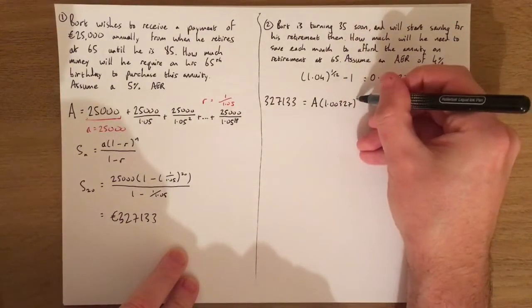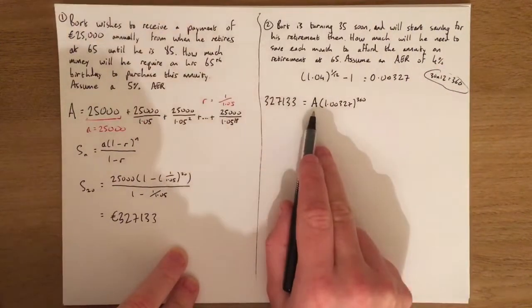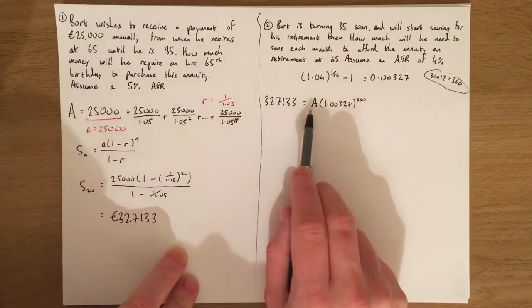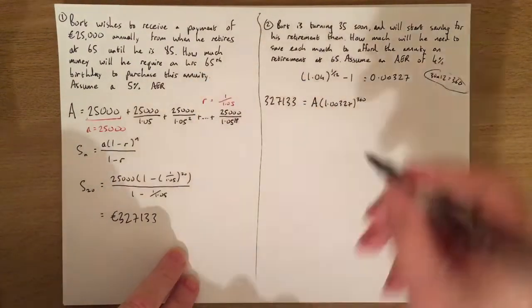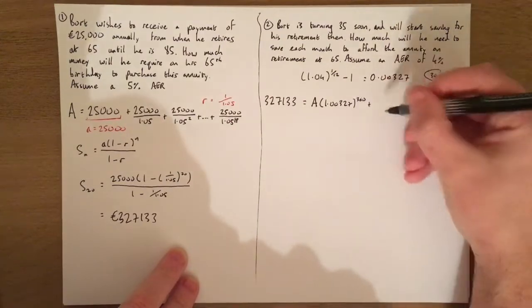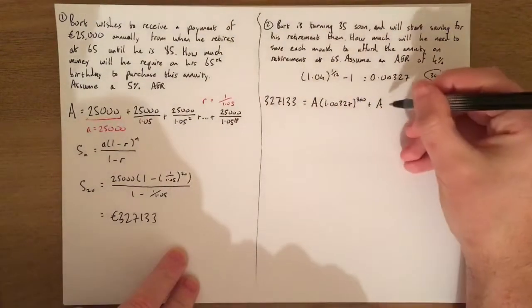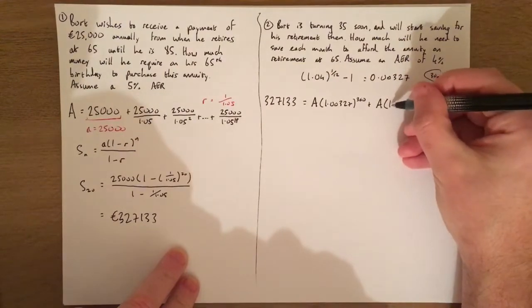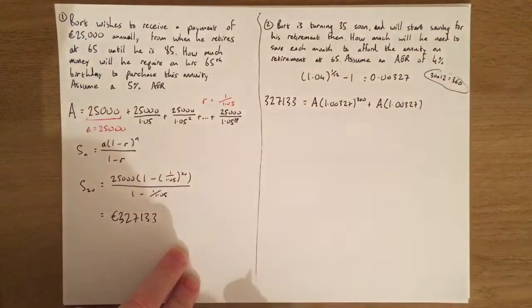Okay, so that's how long that amount is going to be in the bank. So some amount saved at this rate for 360 months. The following month then, he's going to save the same amount of money. It's going to earn that amount of interest.